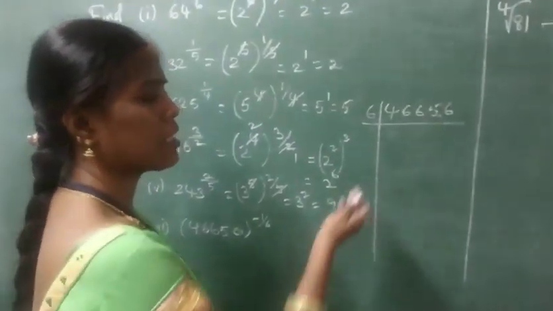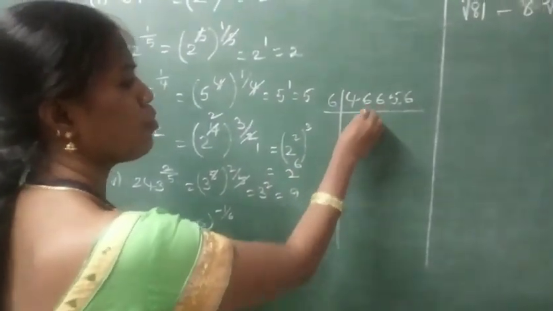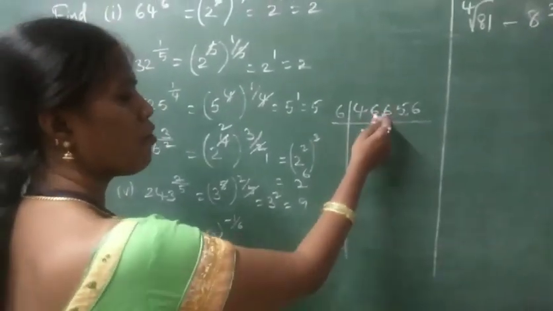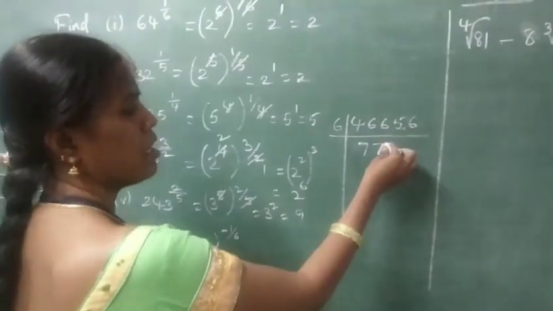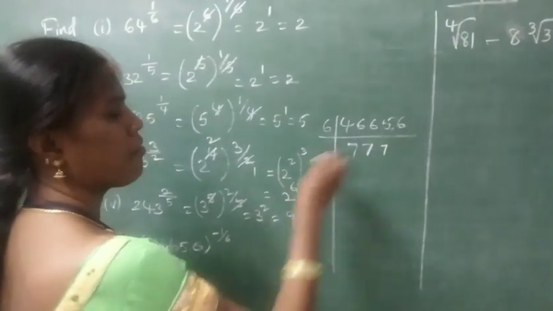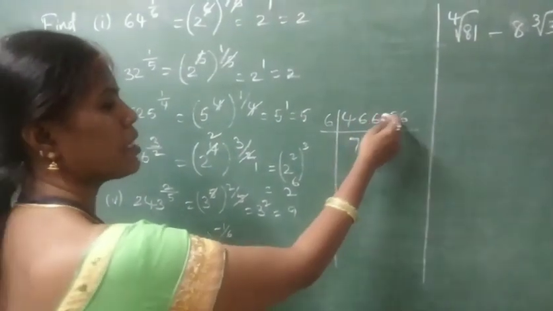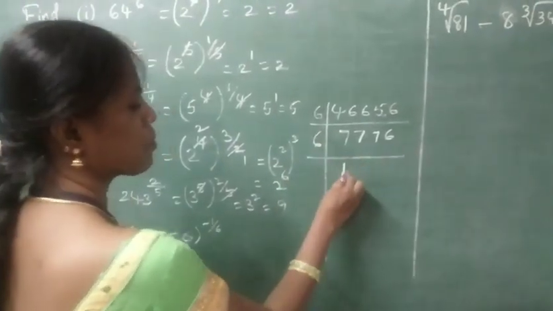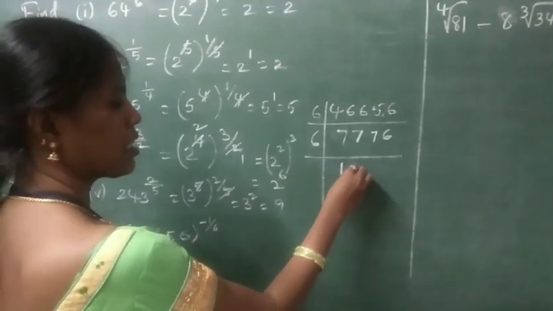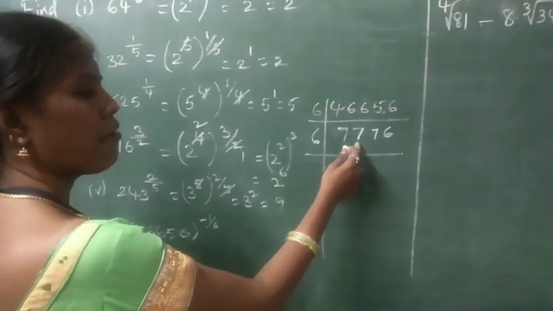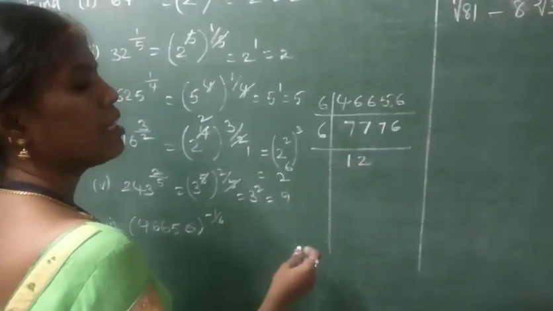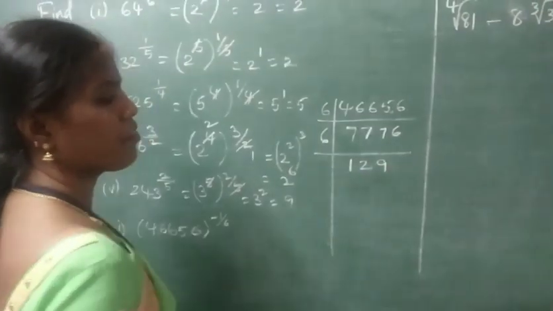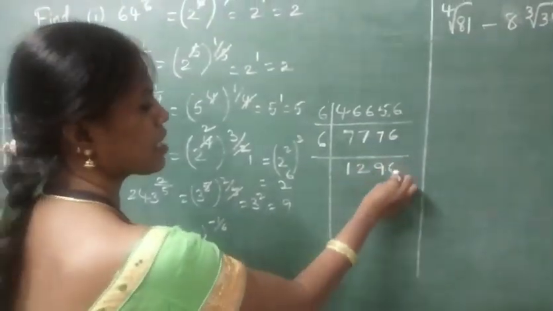6 sevens are 42, 4 remains, 46. 6 sevens are 42, 4 remains again, 45. 6 sevens are 42, again 3 remains, 36, 6 sixes are 36. Again with 6, 6 ones are 6, 2s are 5 remains, 57, 6 nines are 54, 36, 6 sixes are 36.